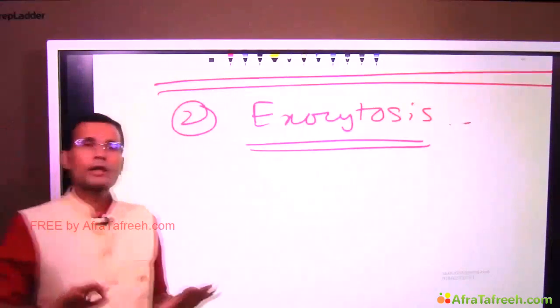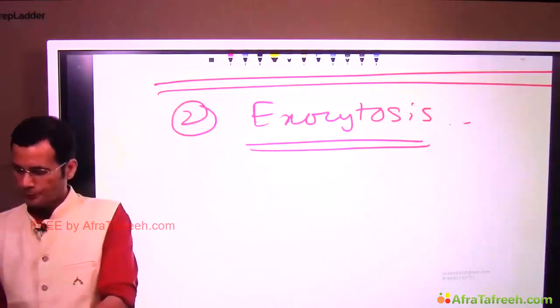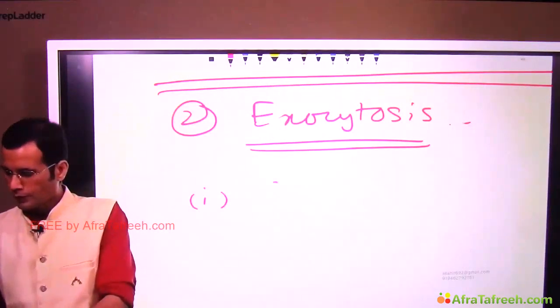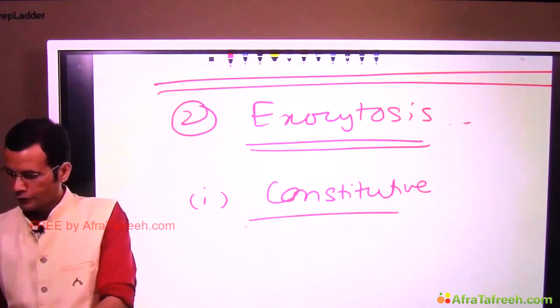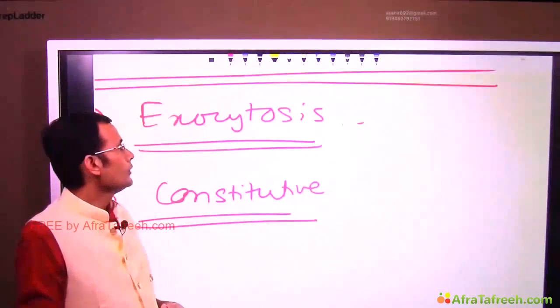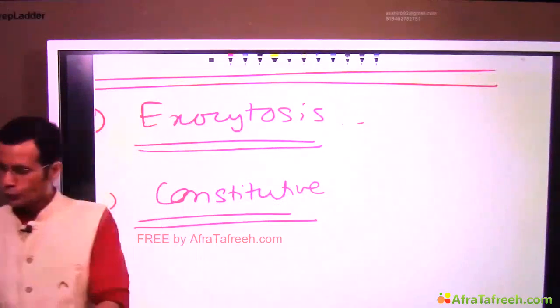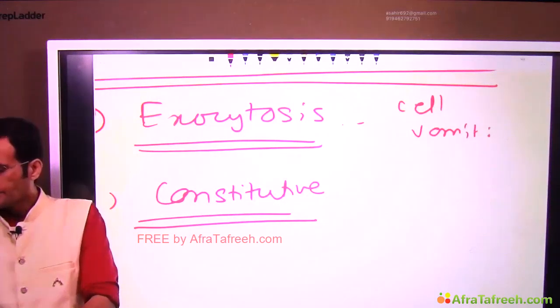Now, there are two types of exocytosis. One, constitutive exocytosis. Well, first of all, I may add here, exocytosis is also called cell vomiting.